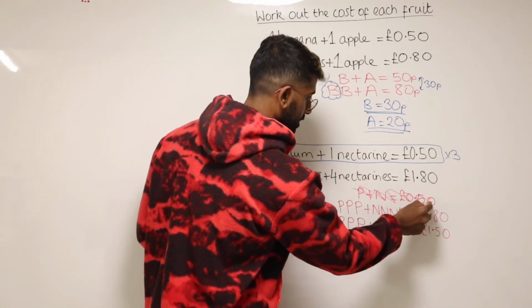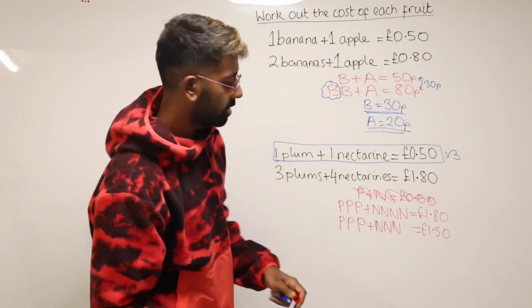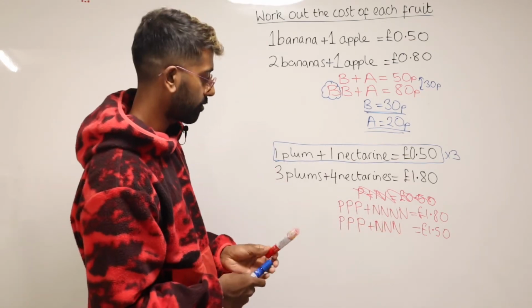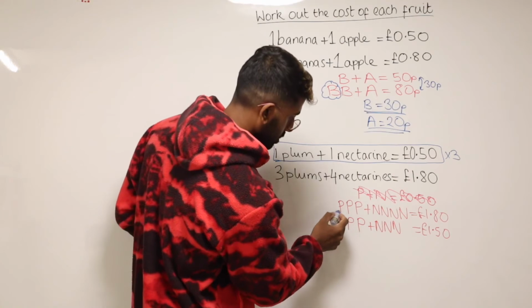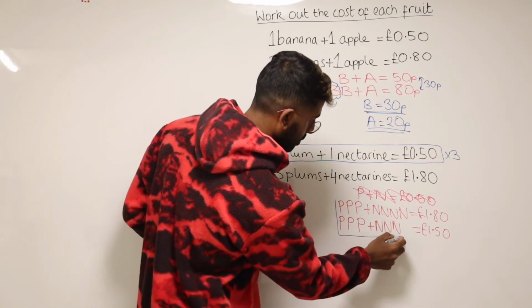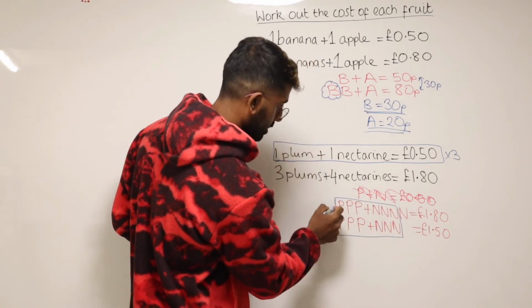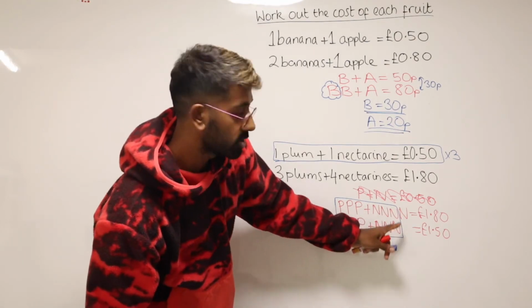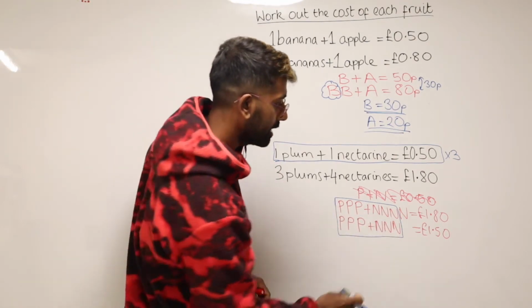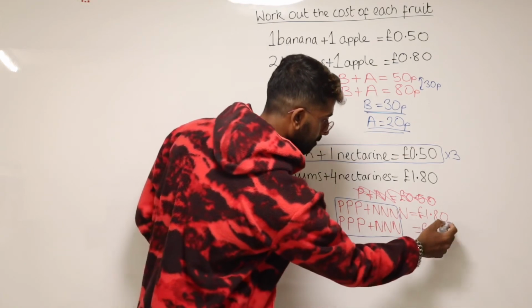Now if I just get rid of this and we focus on the two new sentences that we have created, can you see that all of this matches up absolutely perfectly? And the only difference between the two sentences now is 1 nectarine.